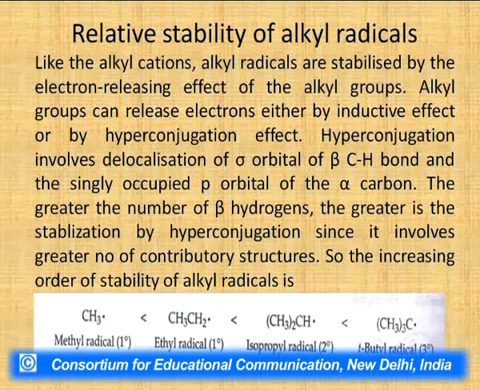So, the increasing order of stability for alkyl radicals is: the tertiary butyl radical will be the most stable, then isopropyl radical meaning secondary, then ethyl radical, this is CH2, and then methyl radical, this is CH3.